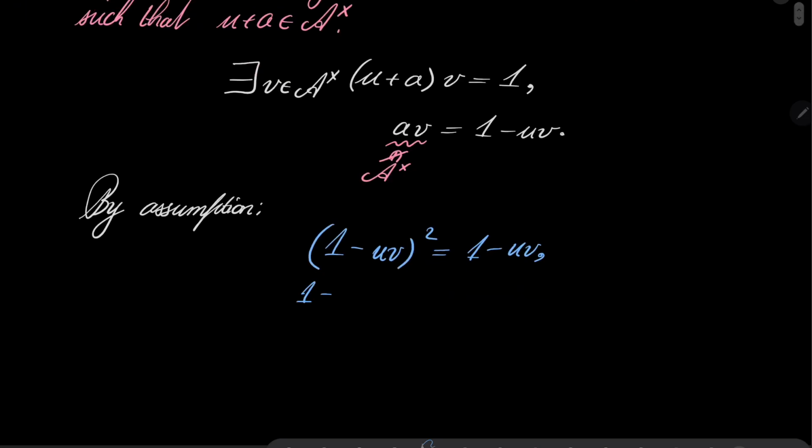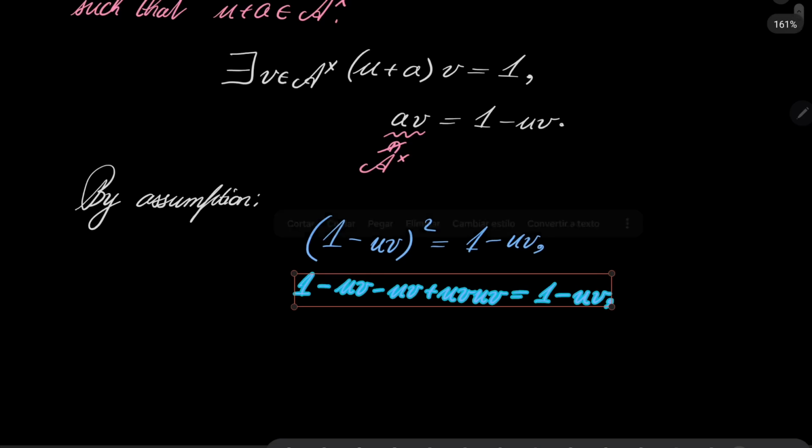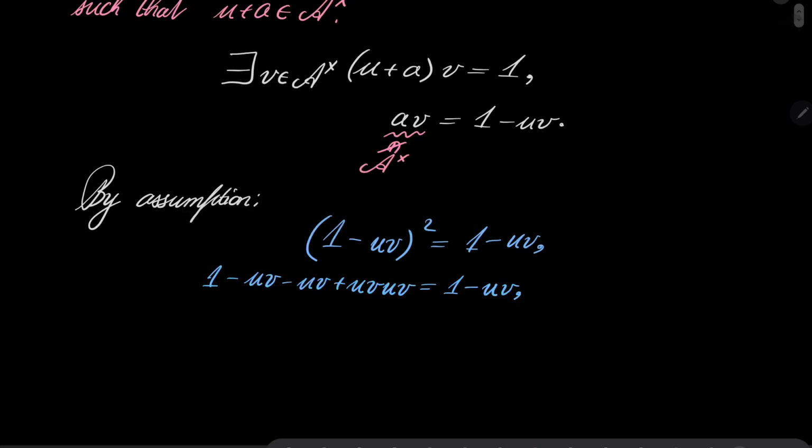This means that 1 minus uv plus uv equals 1 minus uv. Let's shuffle this equation a bit, and what will we get? Ones cancel, minus uv and plus uv cancel, so we are left with uv equals uv.